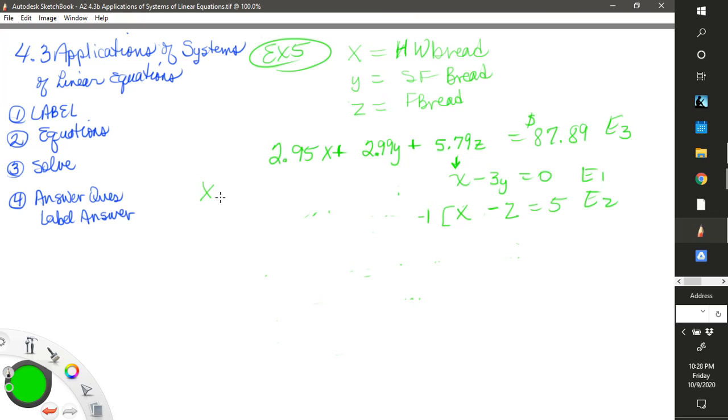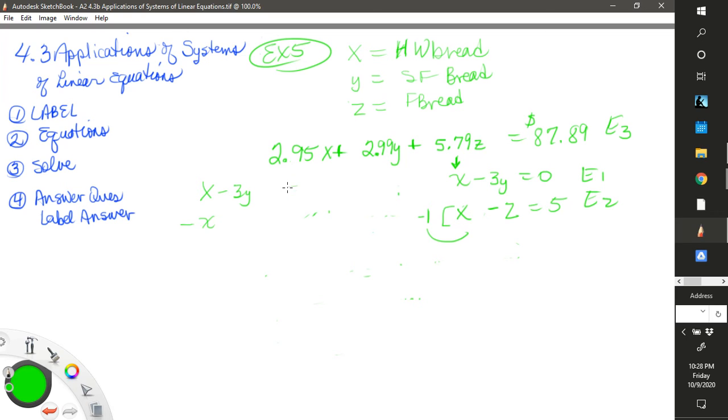Okay, let's do that. So I get an x minus 3y, this is equation 1 and 2, equals 0. Multiplying by -1, I get a negative x. And I'm going to have to move this over because I've got to make room for a z.